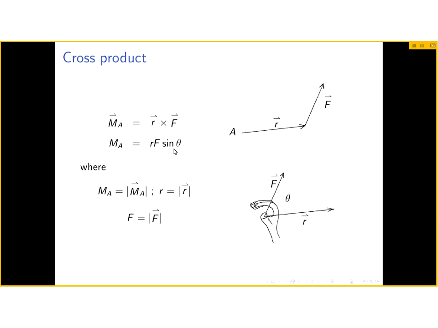Now, this easy way of calculating the magnitude of the cross product has one deficiency, and that is that it does not tell us what is the direction of this cross product.